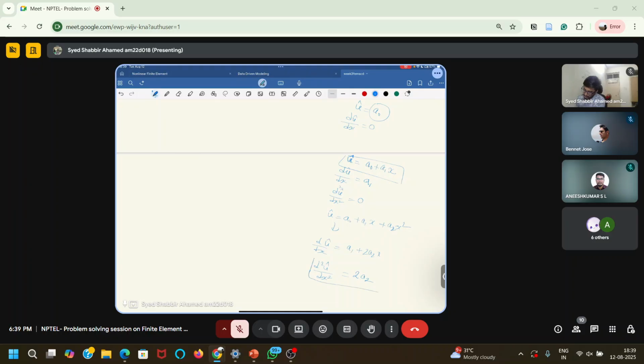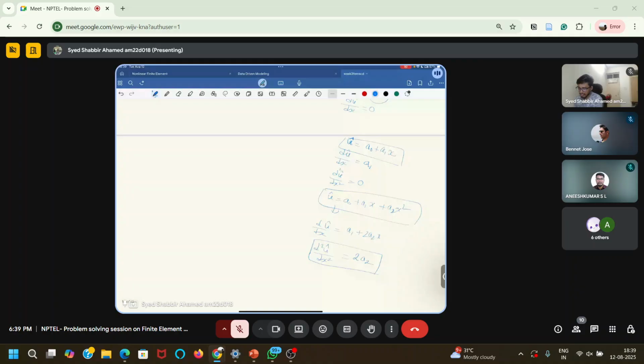So this is differentiable. This function a naught plus a1x plus a2x square, which is a second degree polynomial, can be taken as an approximate solution here for this strong form. So you can see that the polynomial degree requirement is 2 here.